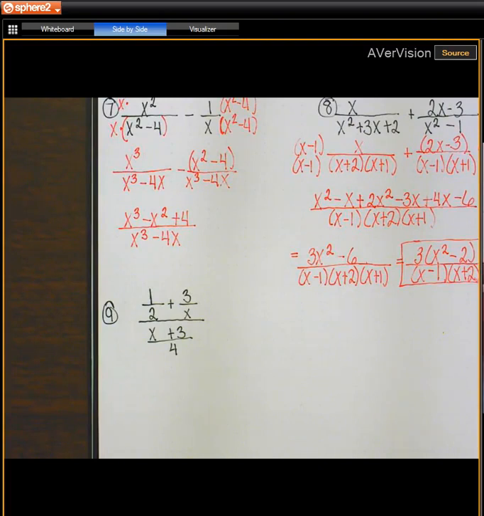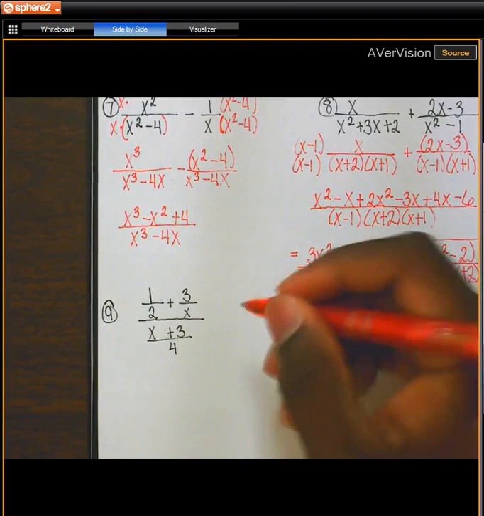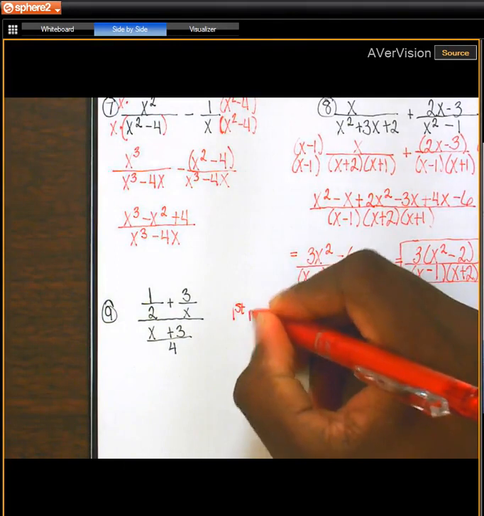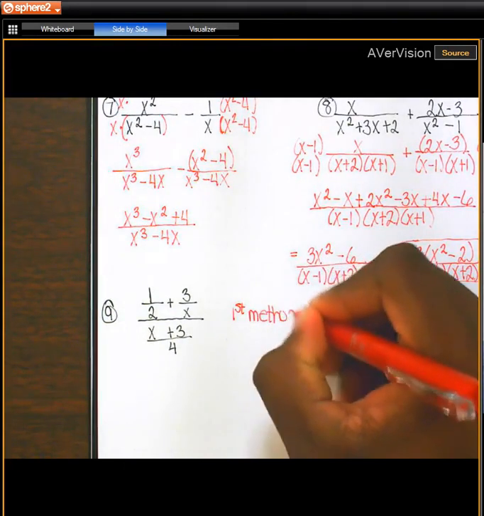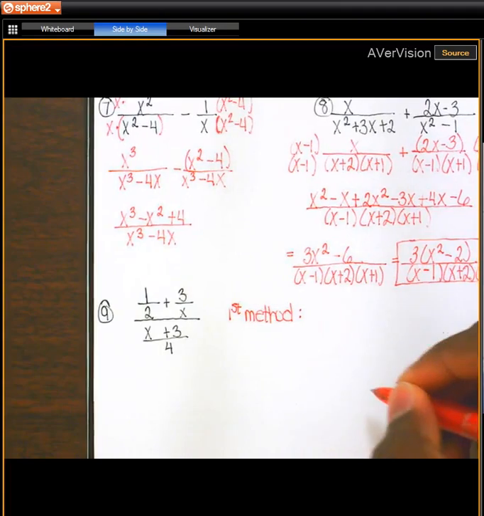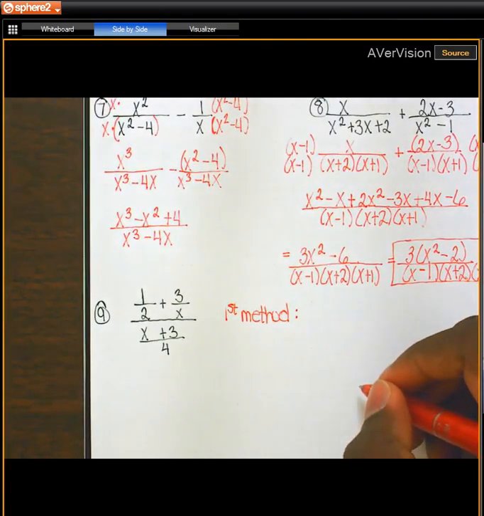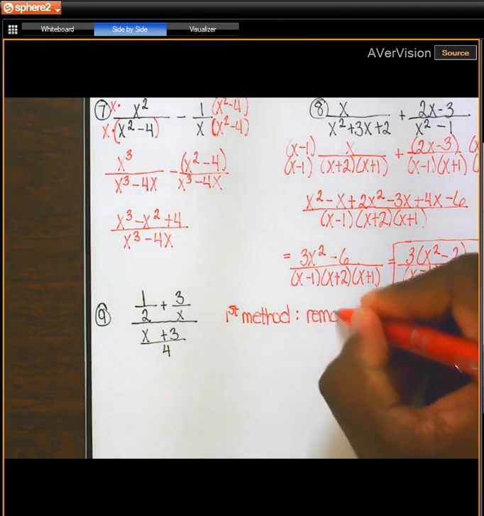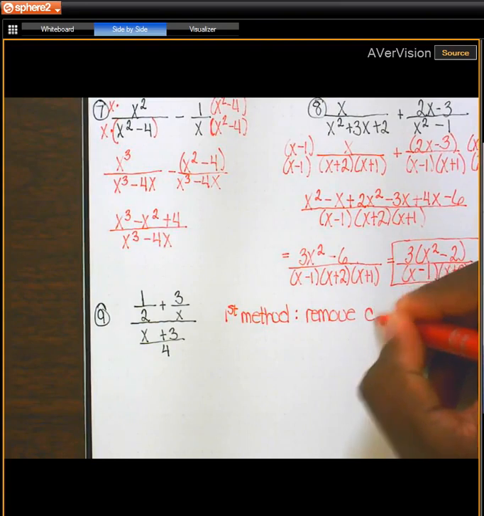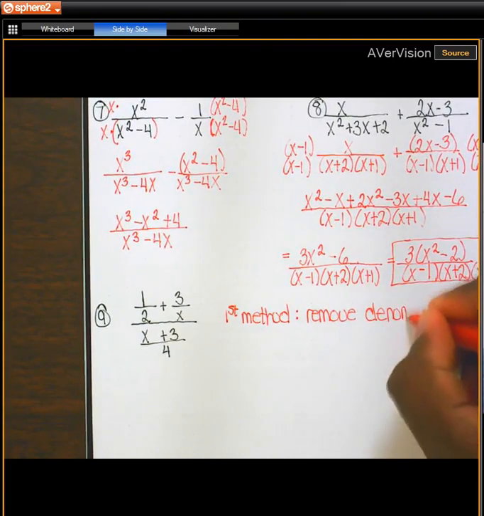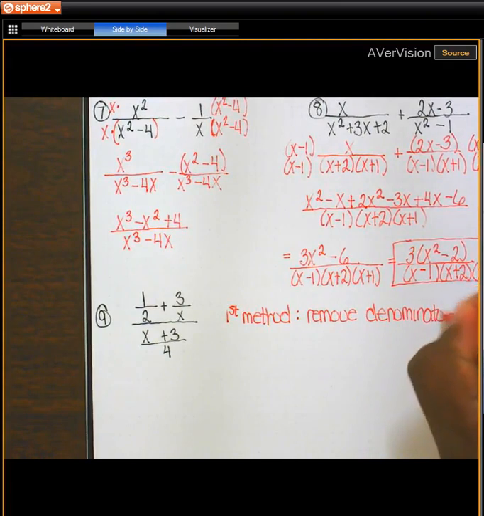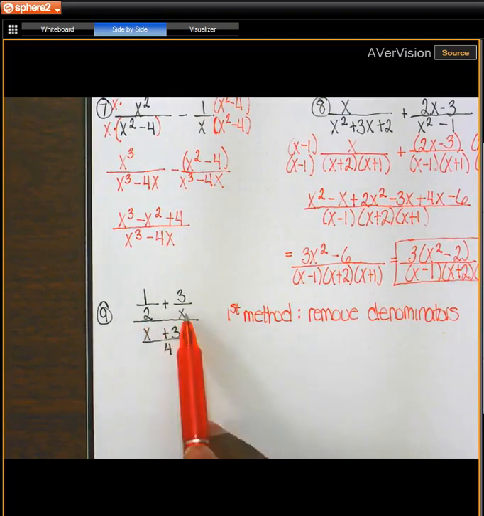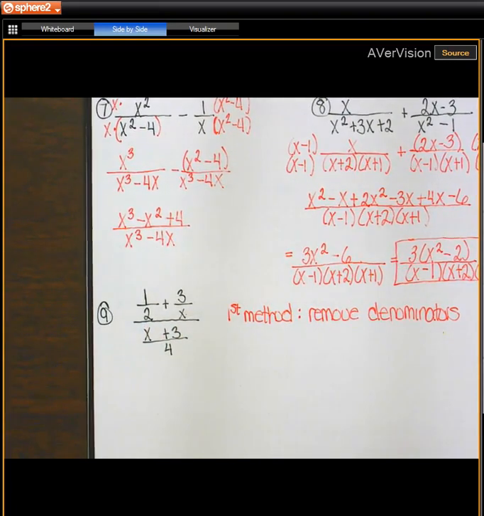The first method is to get rid of all denominators. So we're going to figure out how to remove these, the 2 and the x and the 4, all with one move.